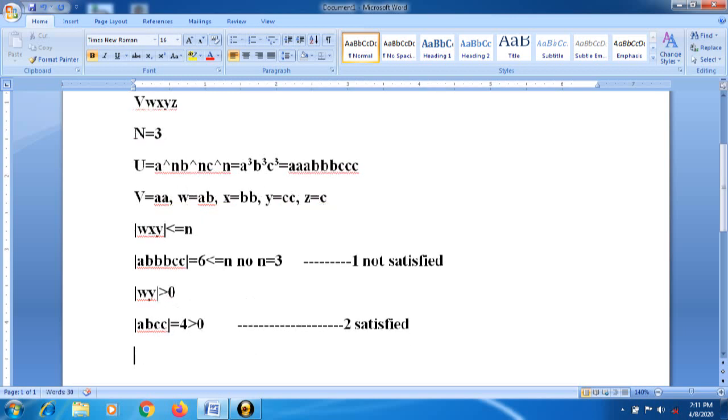Then our third condition is what? Suppose we have considered i is equal to 2.